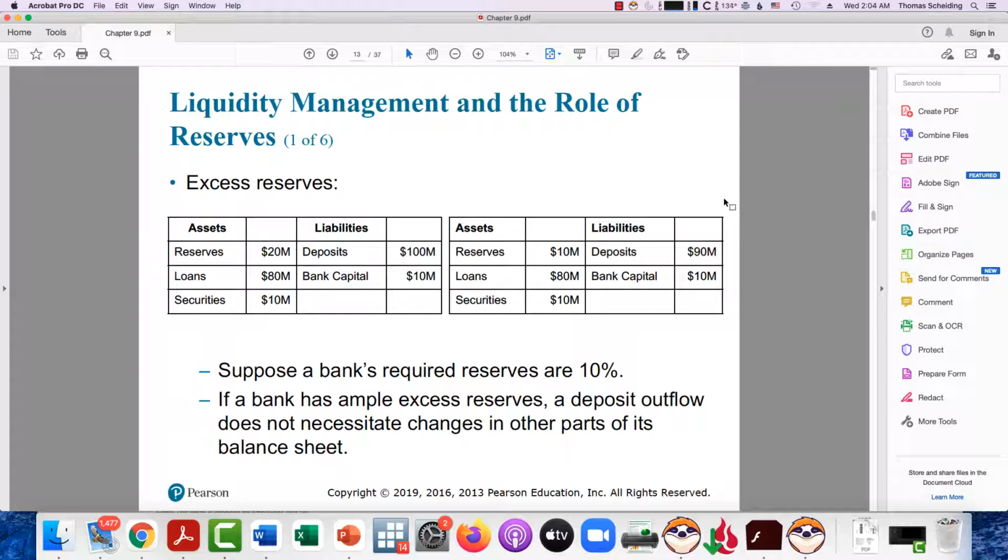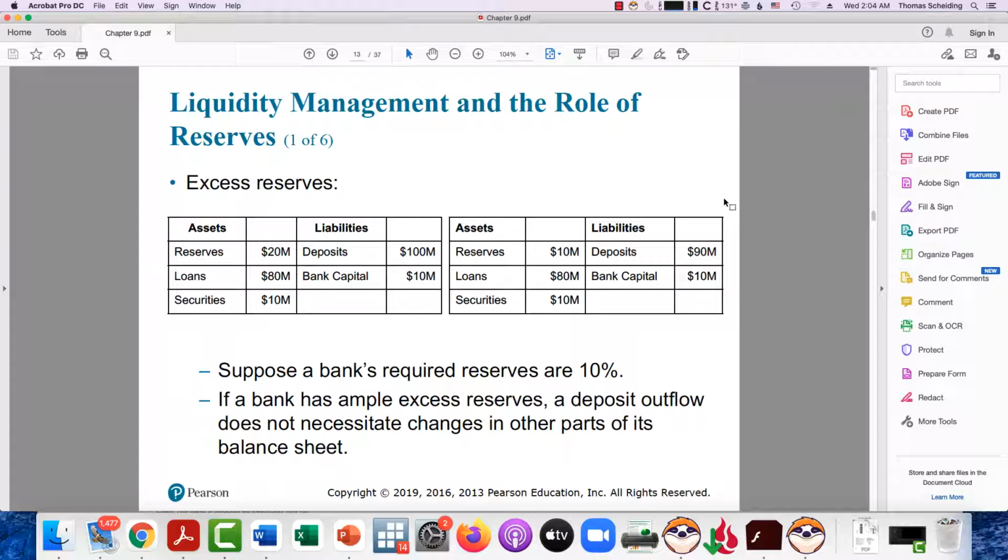In this case, if the bank is required to hold 10% in required reserves, then it may put that into either vault cash. It could make the deposit at the Federal Reserve, but it could also put it into securities that are not going to alter.